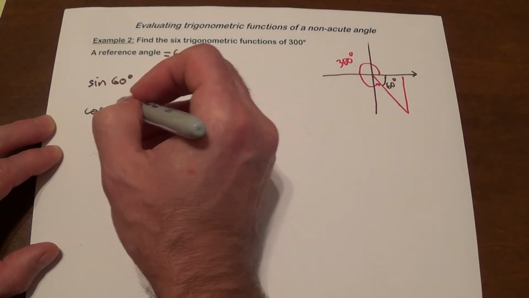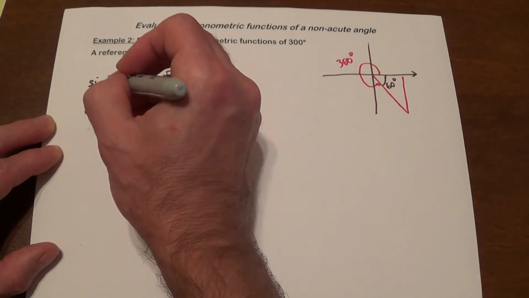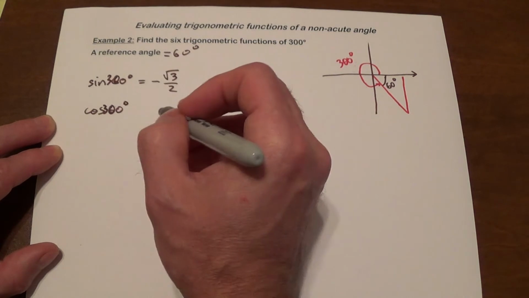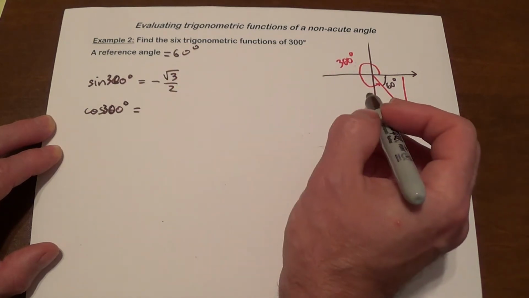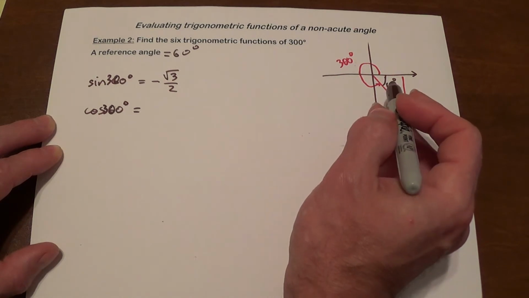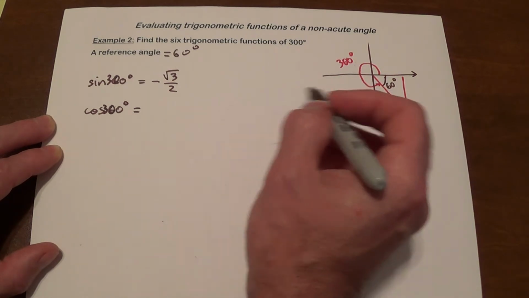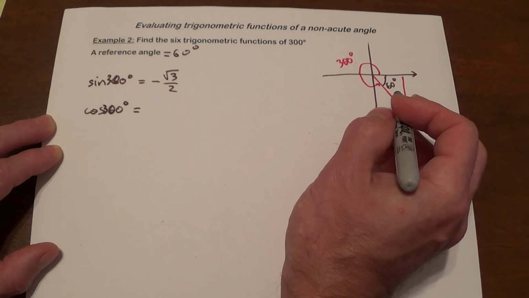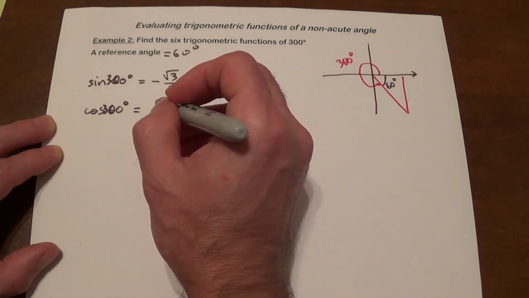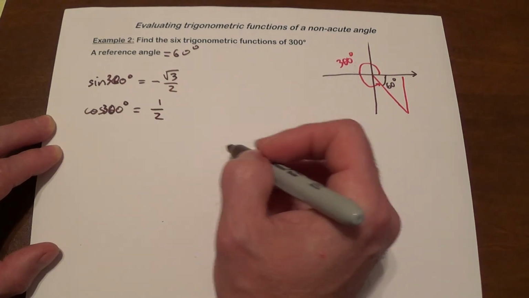Cosine 300, I'm sorry, I meant to say 300, of course. Cosine 300 degrees is going to be, cosine 60 is 1/2. We're in quadrant 4. The value of cosine in quadrant 4 is positive, so it's going to be 1/2.